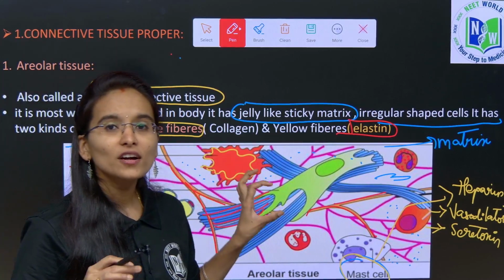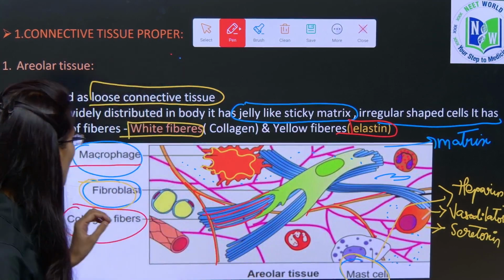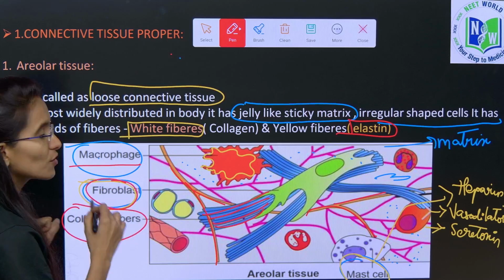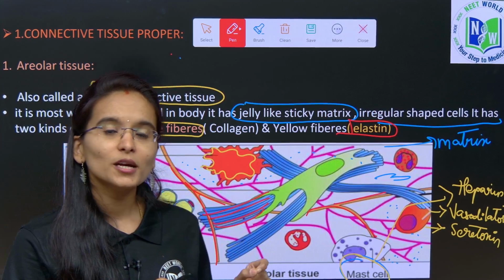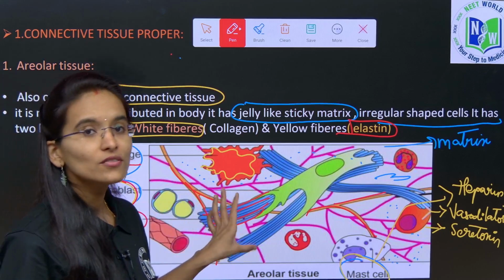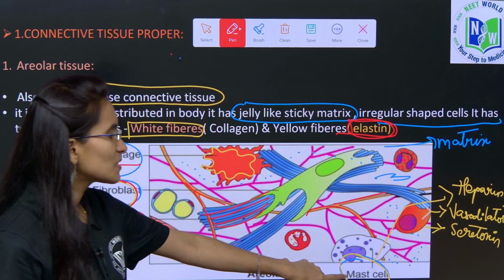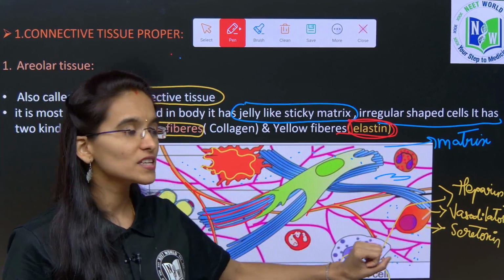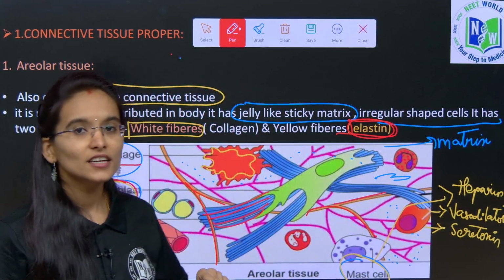These are amoeboid shaped cells which are involved in digesting the cellular waste material, and next, fibroblasts are of two types, white fibers and yellow fibers. White fibers are made up of a protein called collagen, and yellow fibers are made up of a protein called elastin. And next, mast cells are the type of cells which include heparin, vasodilator and serotonin.